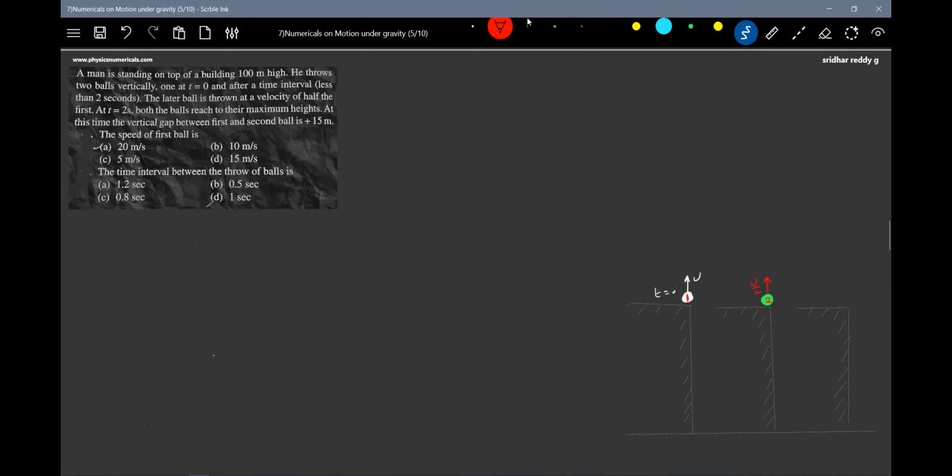Okay, there's some instant of time. Let it be t1. And at that instant the first ball will be somewhere here. I think this is the very important part of the problem. Ball 1 might have ascended some height.